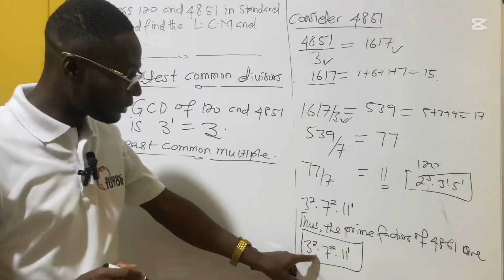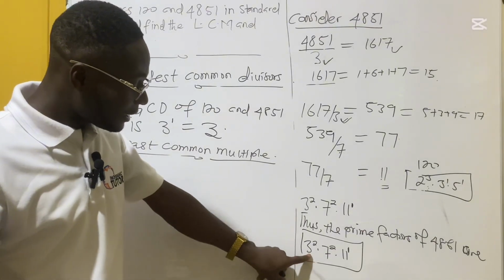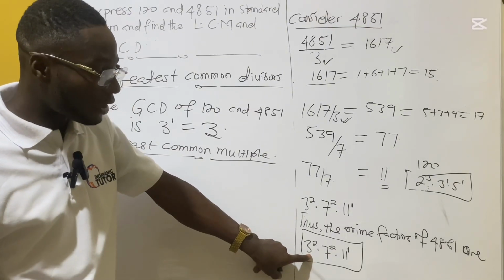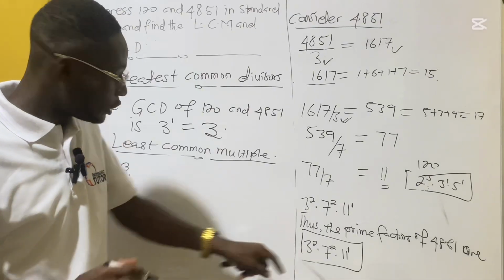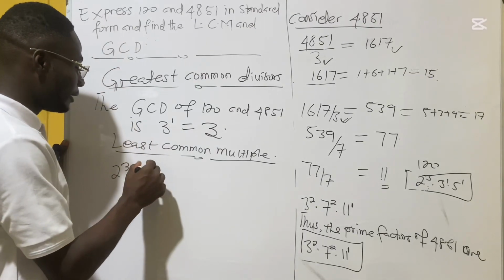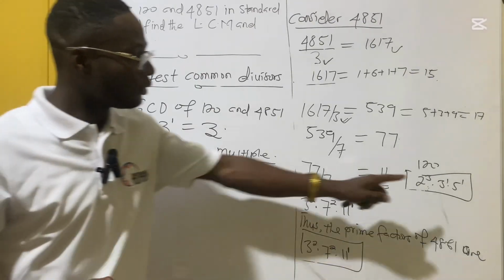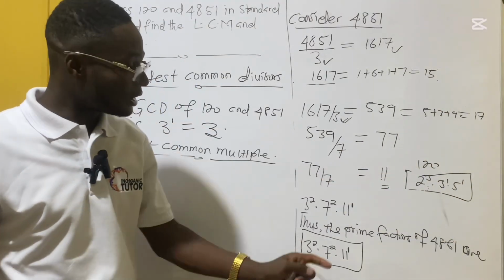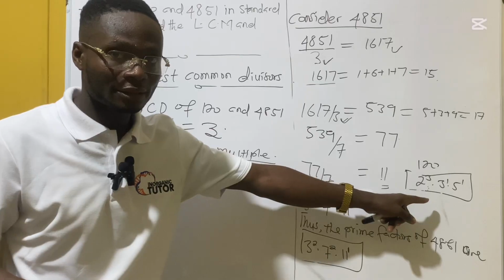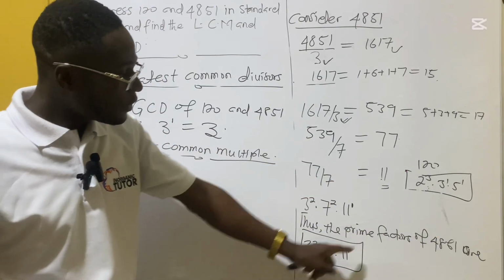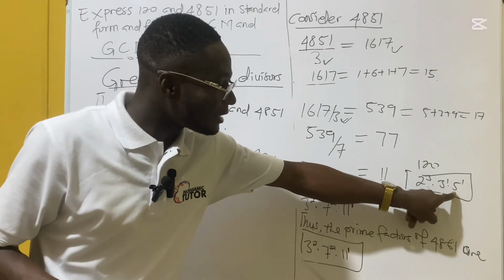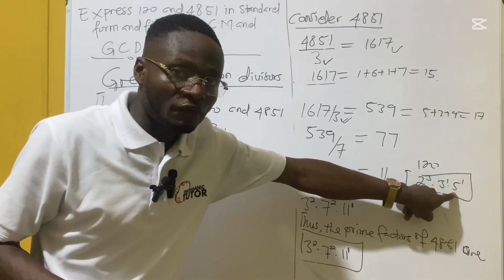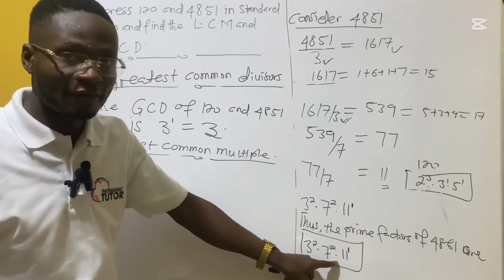And 3 has the highest power in 4851, which is 3 squared. So we consider 3 squared. Then we omit 3 power 1 because it has the least power, right? Then we come to 5. 5 has an exponent of 1 here, but we don't have 5 here.